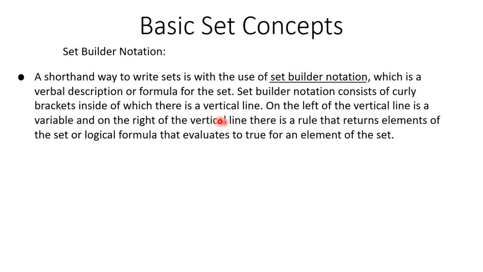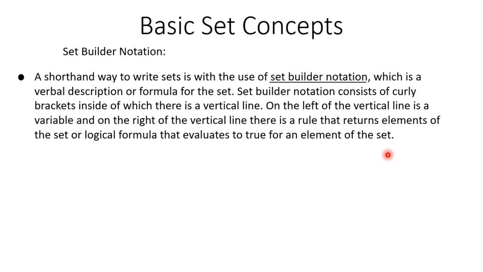On the left of the vertical line is a variable, and on the right of the vertical line, there is a rule that returns elements of the set or a logical formula that evaluates to true for any elements of the set. So on the right side, there'll either be a formula that when you plug something in, you get elements of the set, or some logical thing that when you evaluate it, if it's true, whatever you plugged in is an element of the set.